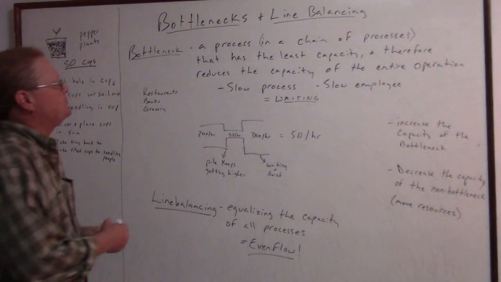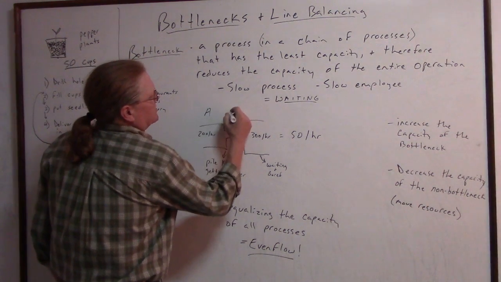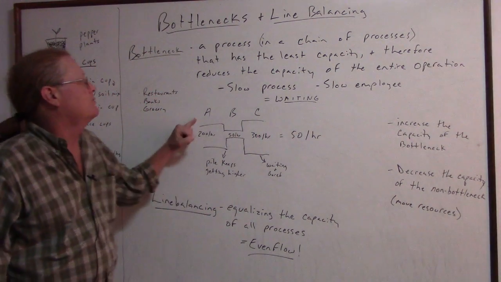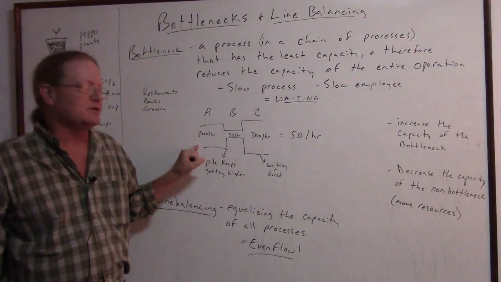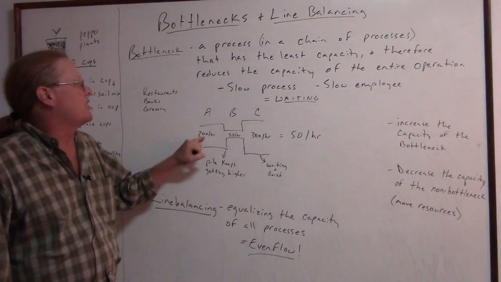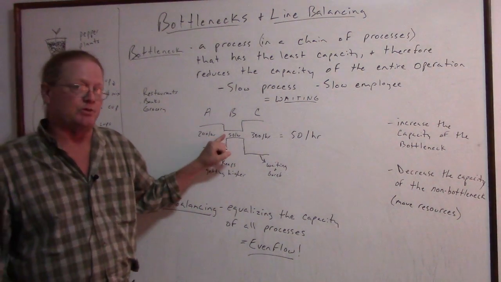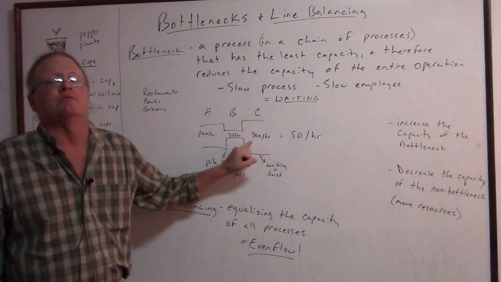So let's look at a concept here, a process A, B, and C. Process A, our little operation here, has the capacity to do 200 units of whatever per hour. B has the capacity to do 50 per hour, and C has the capacity to do 300 an hour.